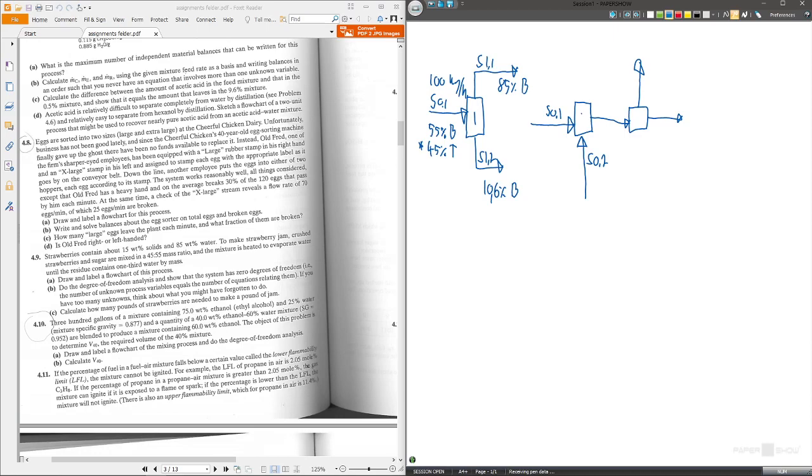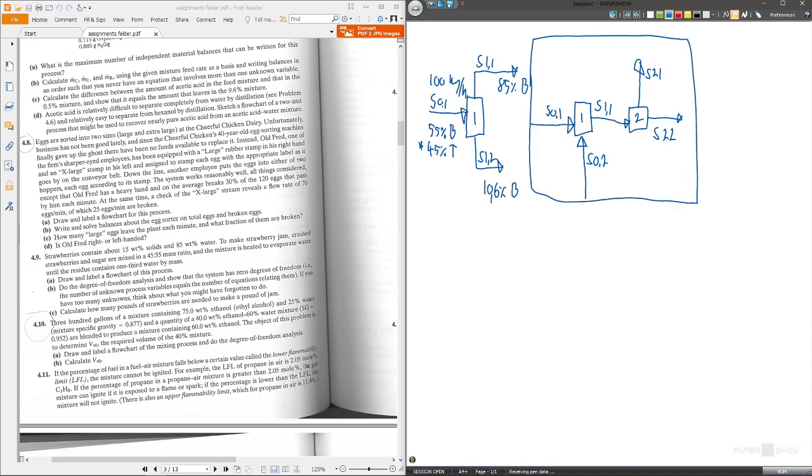So let's just say 1 and 2, so this would be S11, S21 and S22. So this is basically what we are told how the system looks. I'll just make sure that it's not too confusing that I have more than one drawing. So that's what we're looking at now.